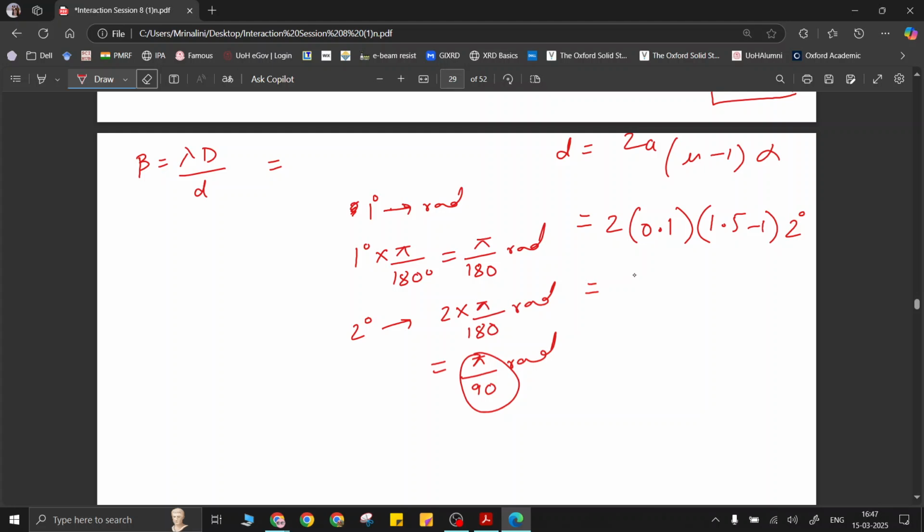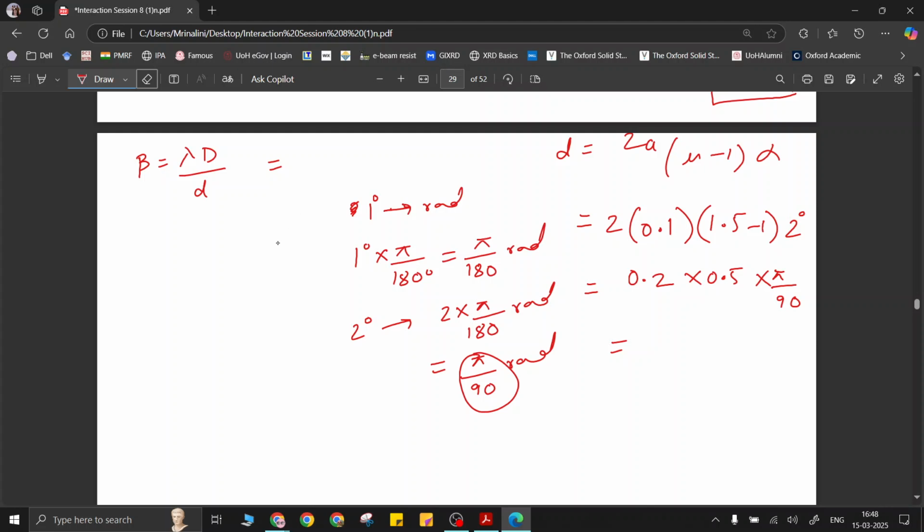So d will be 0.2 multiplying these two. Then 1.5 minus 1 means 0.5, and 2 degrees means pi by 90 radian. When we calculate this, it will be 0.2 multiplied by 0.5 multiplied by pi divided by 90.